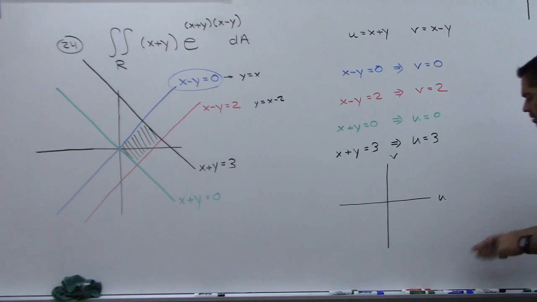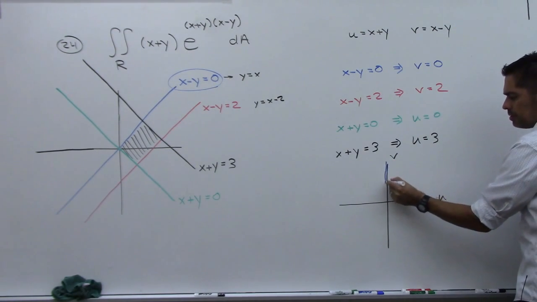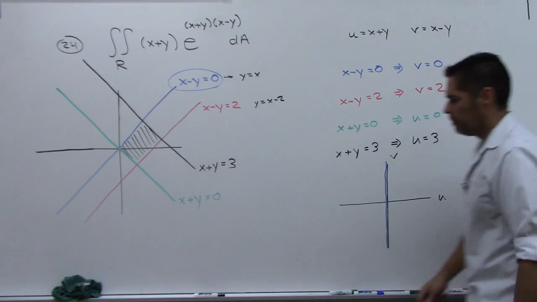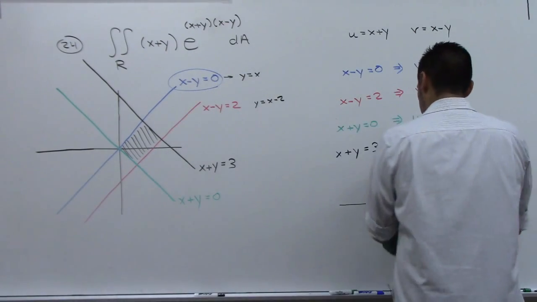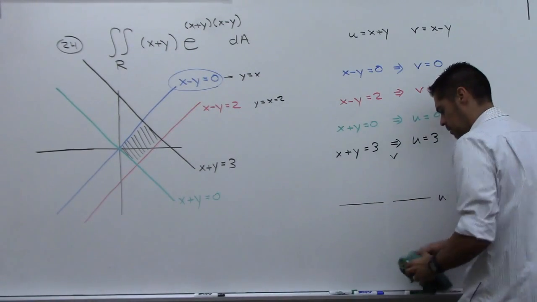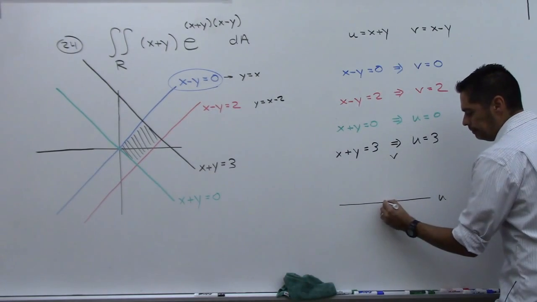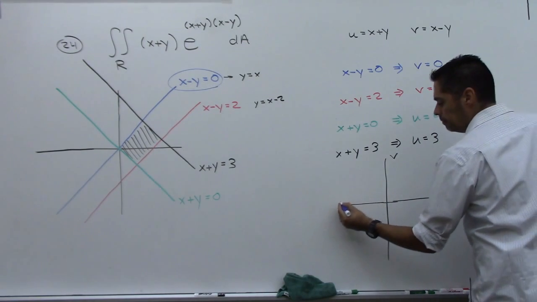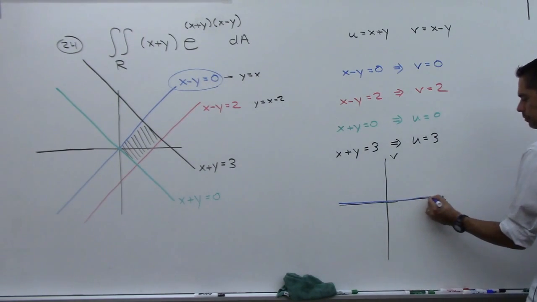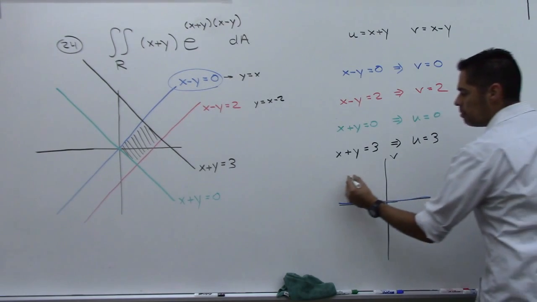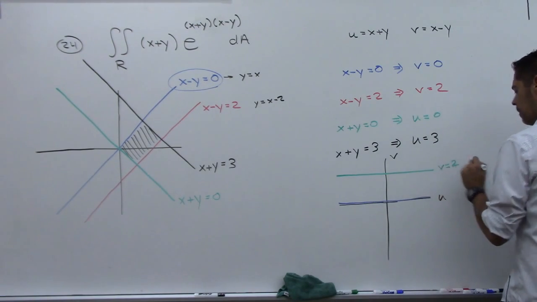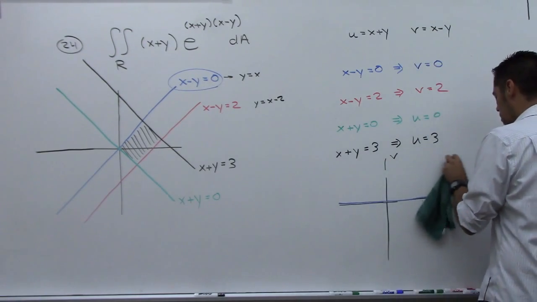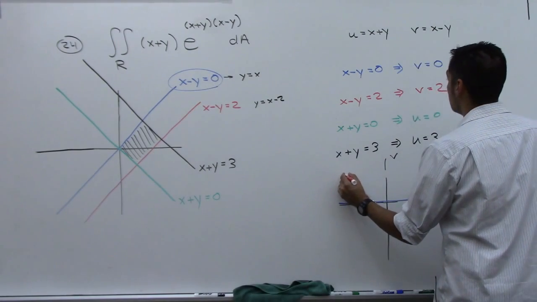What we have is that v is 0, which is horizontal. v is 2.